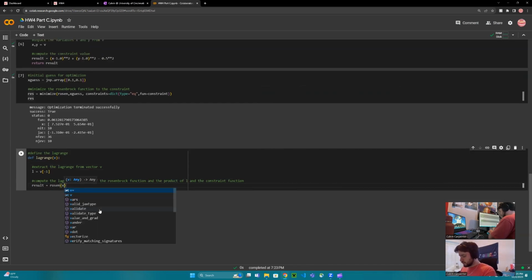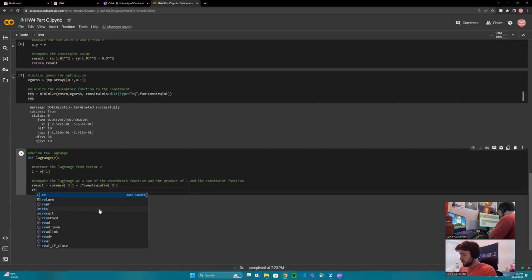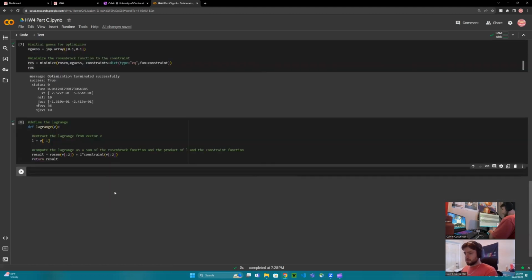Rosen v[0] plus L times constraint v[0] term, results. Okay, it worked.